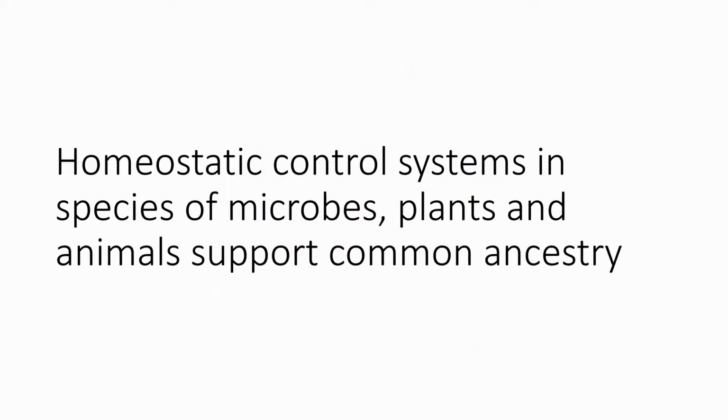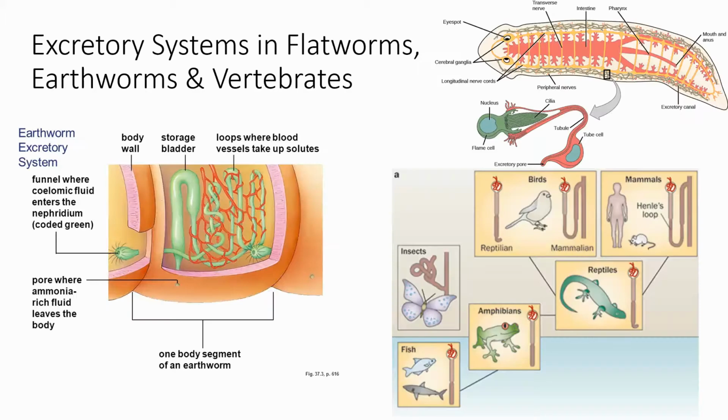Okay, so some of these homeostatic control systems are conserved between plants, between animals, and even bacteria, so that supports the idea that we all evolved from the same ancestor. So what you can actually see is the evolution of the excretory system. You'll see that it started out fairly simple.